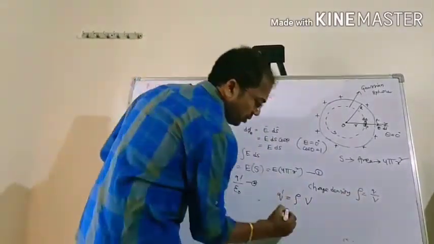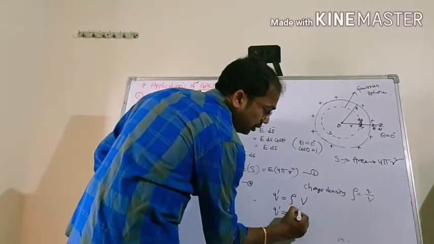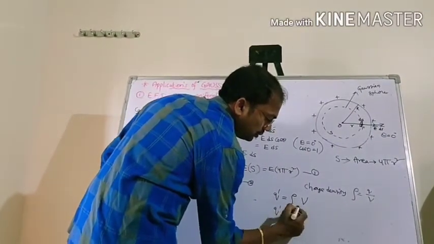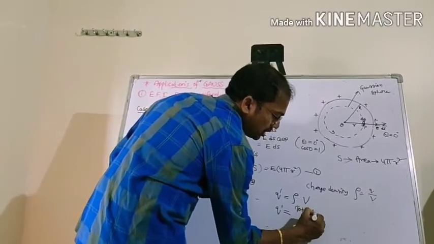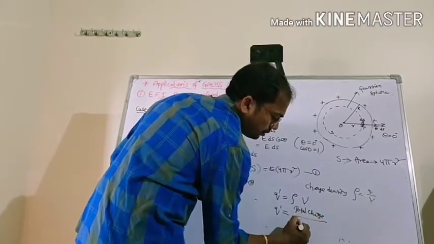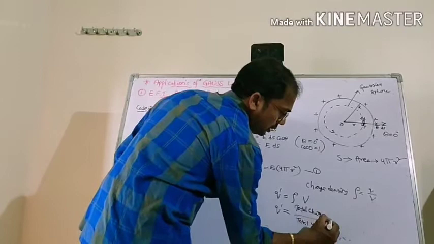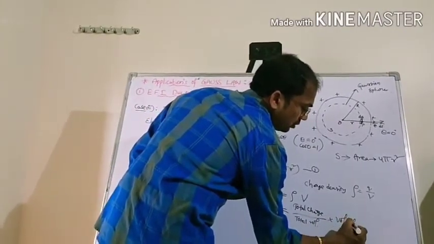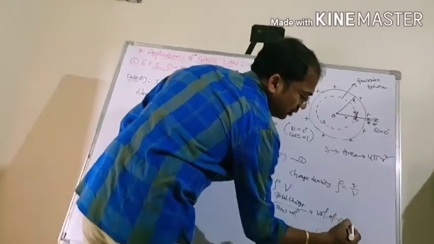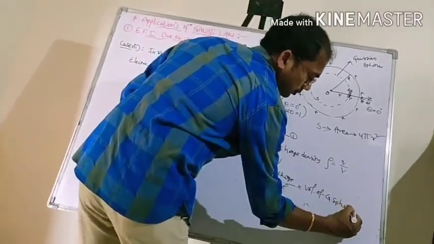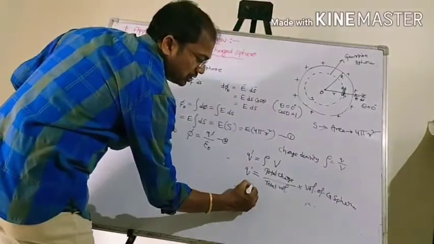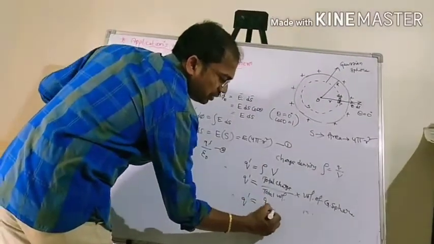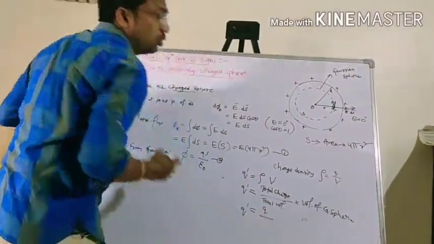Okay, rho. So rho means again I am writing q total charge by total volume into here v means what? Volume of Gaussian sphere. See, very important again, q dash is equal to total charge q by total volume, so volume of the sphere.